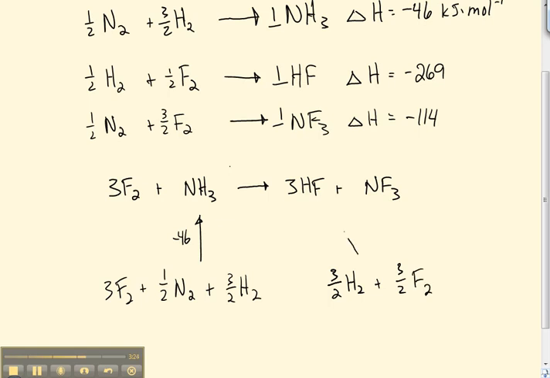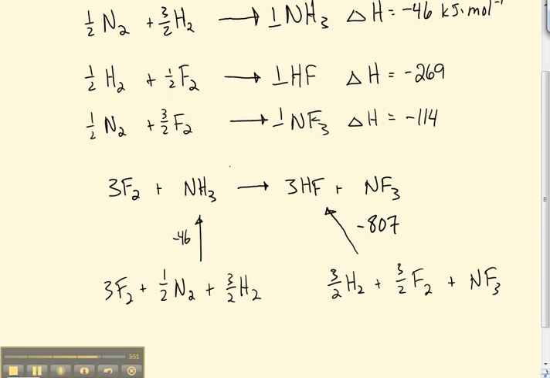And that'll produce 3 HFs. But I also need to have an NF3 there to make sure I get my NF3 there as well. And because I multiplied everything by 3, this becomes negative 269 times 3, so negative 807.